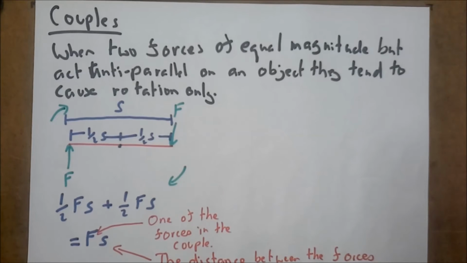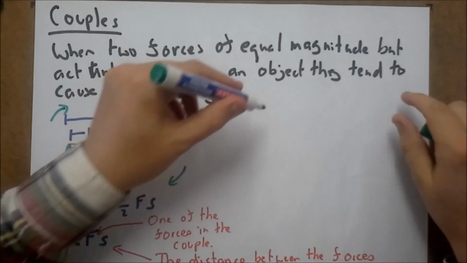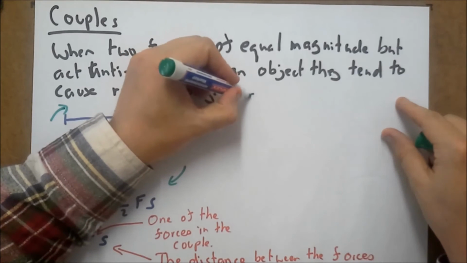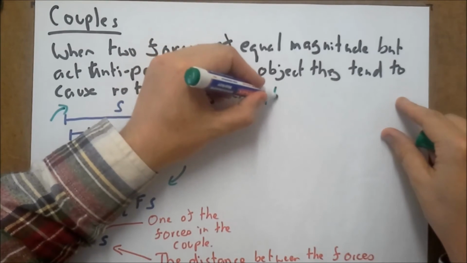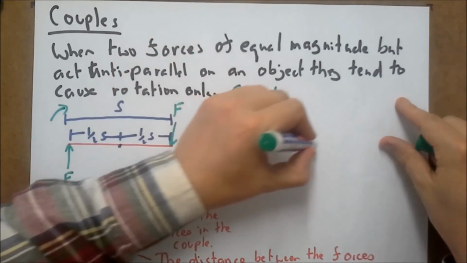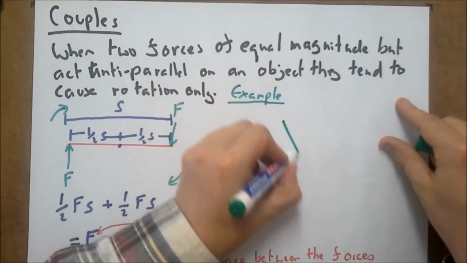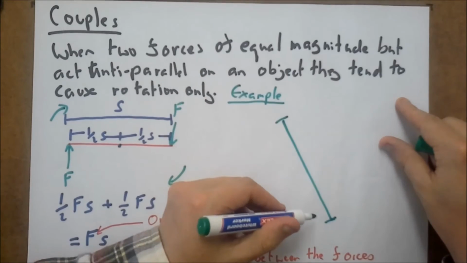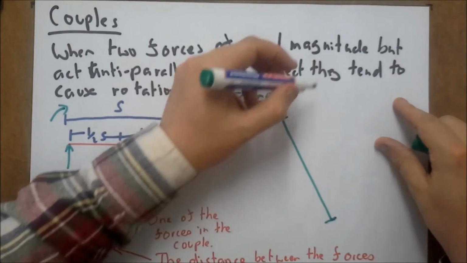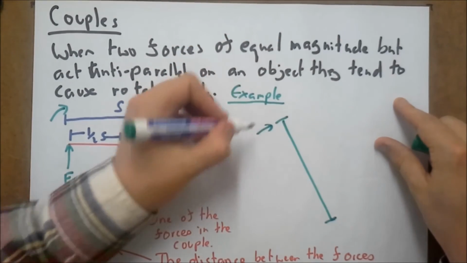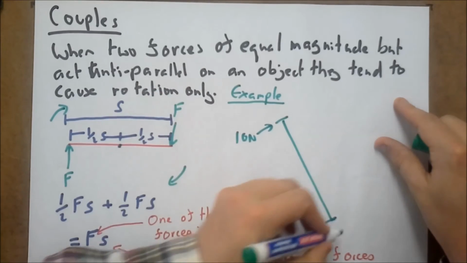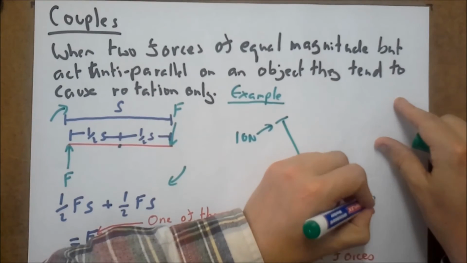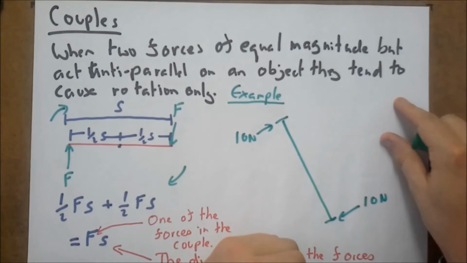So let's have a look at an example. Maybe we've got a beam. Now, maybe there's a force of 10 newtons here and 10 newtons acting anti-parallel over here.